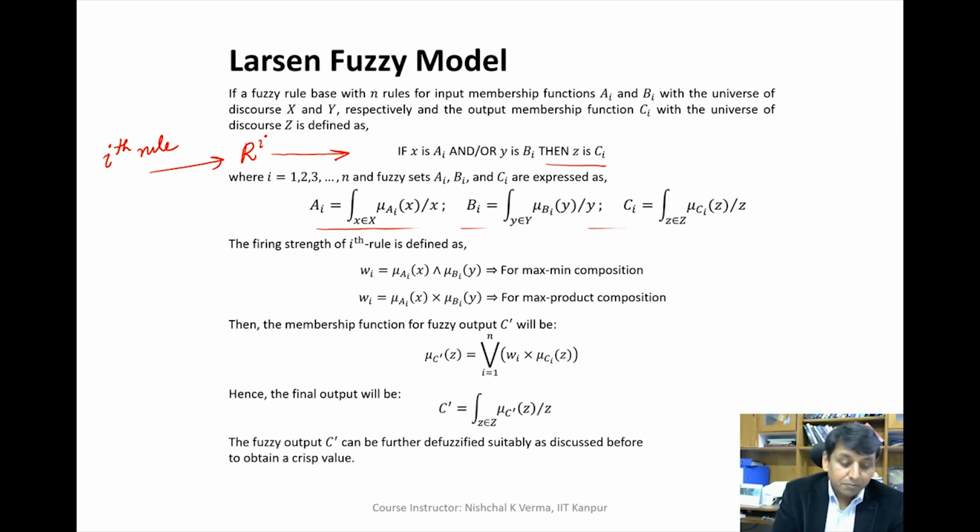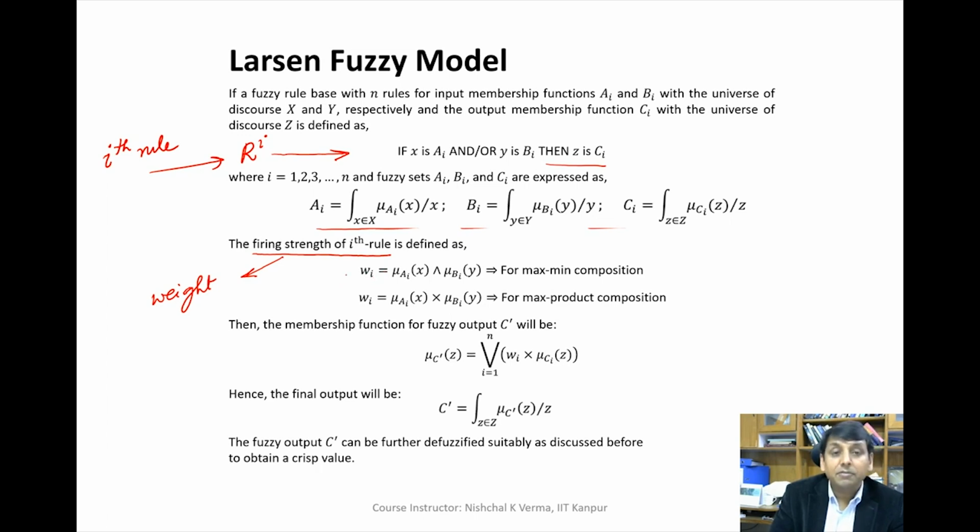Now, the firing strength of the ith rule is defined as we have already done in Mamdani. Firing strength is also known as the weight. I used the word weight in the Mamdani fuzzy model, so weight and firing strength are the same. Here we write the weight as Wi, W subscript i.